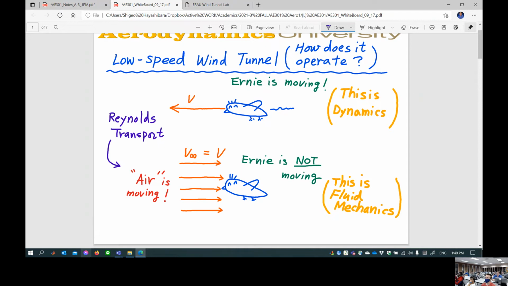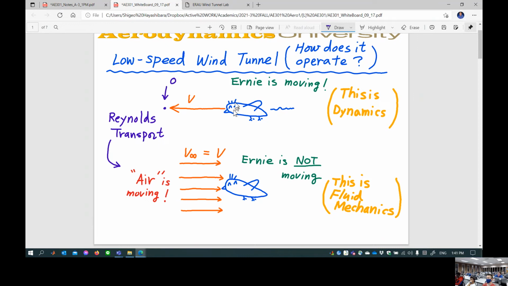Now you're going to employ the idea of control volume. This is the control volume. You see that? Within that, air is incoming, and you are not moving. Right. So now you can do something. Right here, what is the pressure? In terms of gauge, 0.